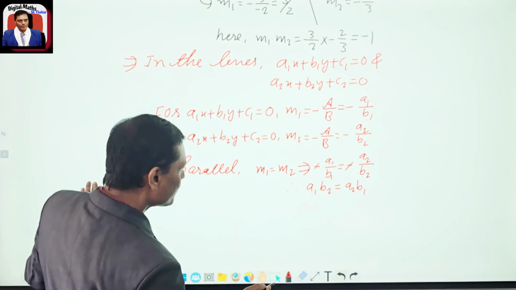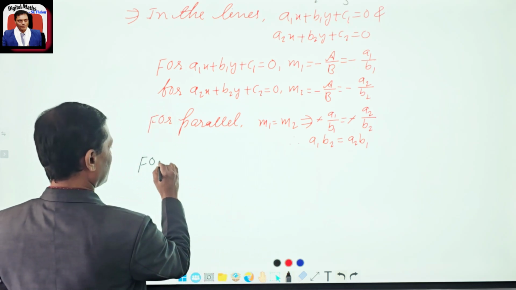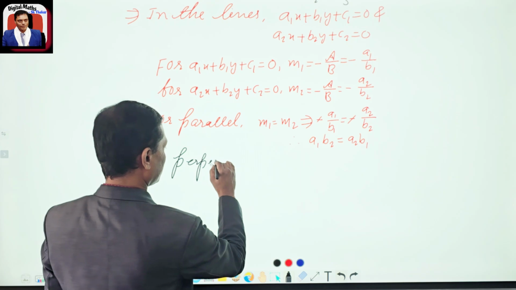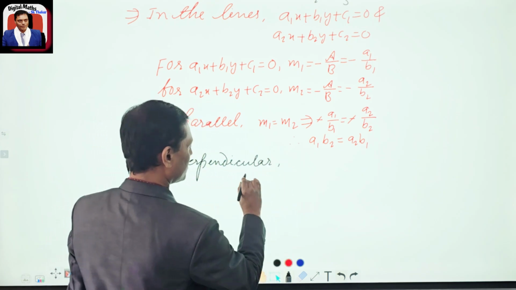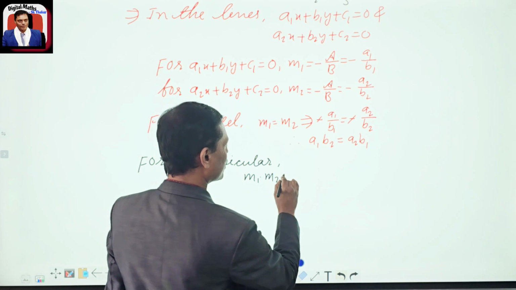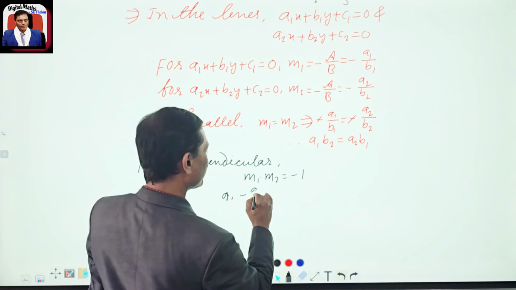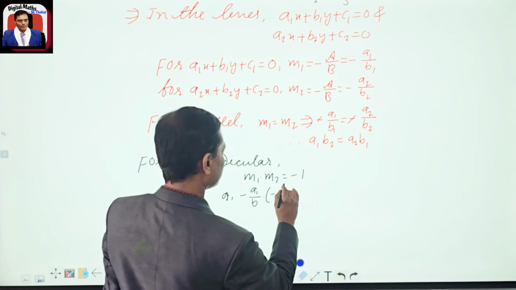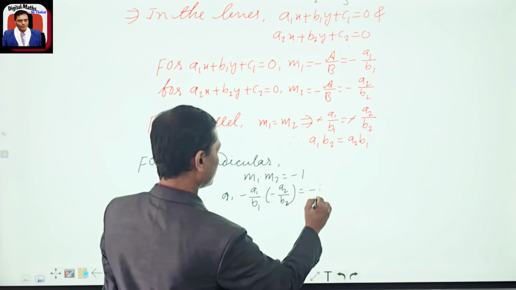After that, for perpendicular, m1 times m2 equals minus 1. So here m1 equals minus a1 by b1 and m2 equals minus a2 by b2, and the product equals minus 1.